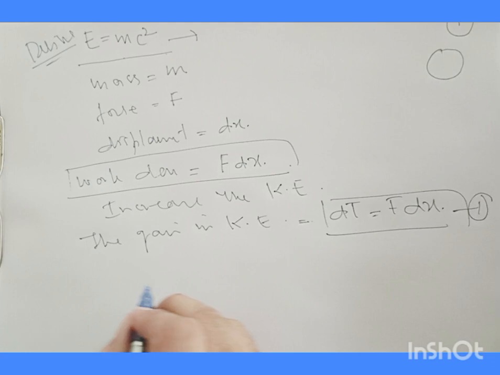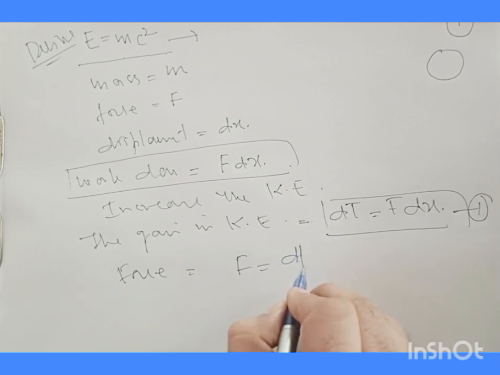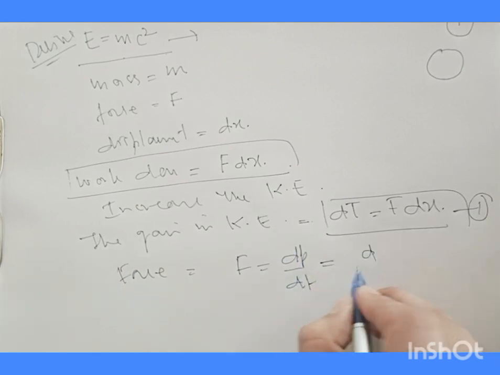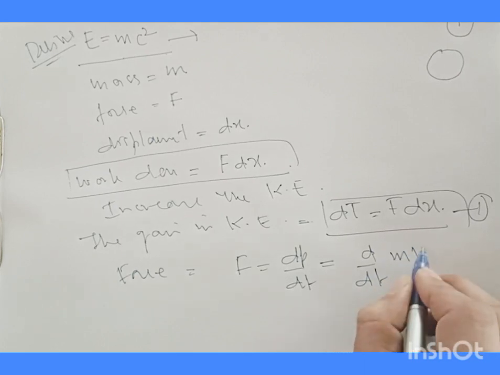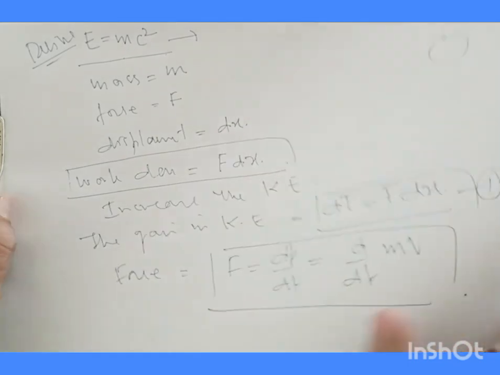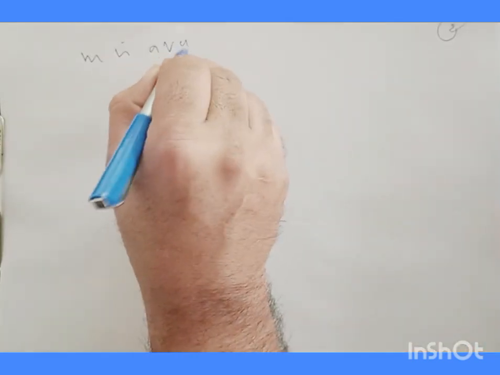Now what is force? Force is the rate of change of momentum. So F is dp by dt, so we can think of d by dt of mv. Since this mass is not an absolute physical quantity, it's a variable, so m is a variable.